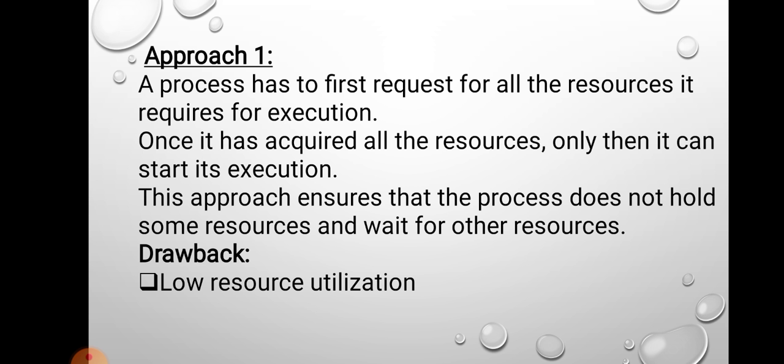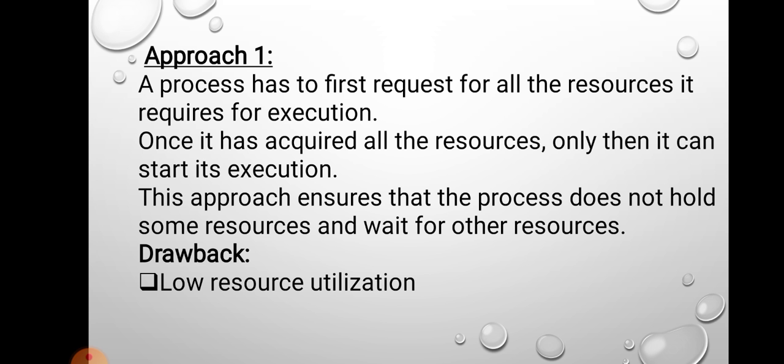This is the first request of resources. Then the process requests the disk file and printer again, because I need to print the data from that disk file. After copying the disk file to the printer, it releases these resources and stops its execution.